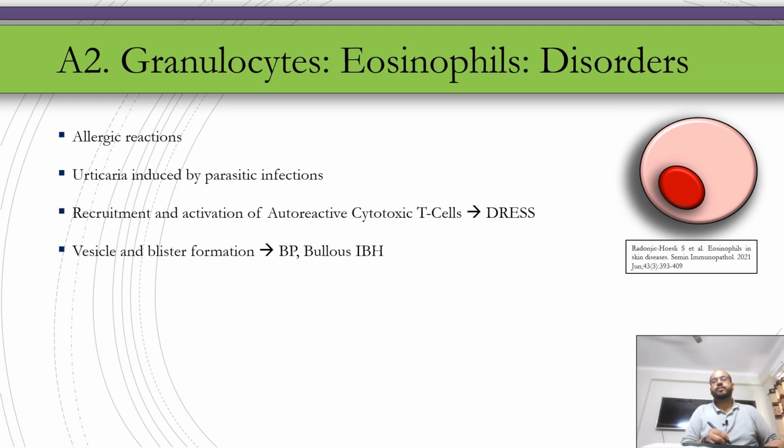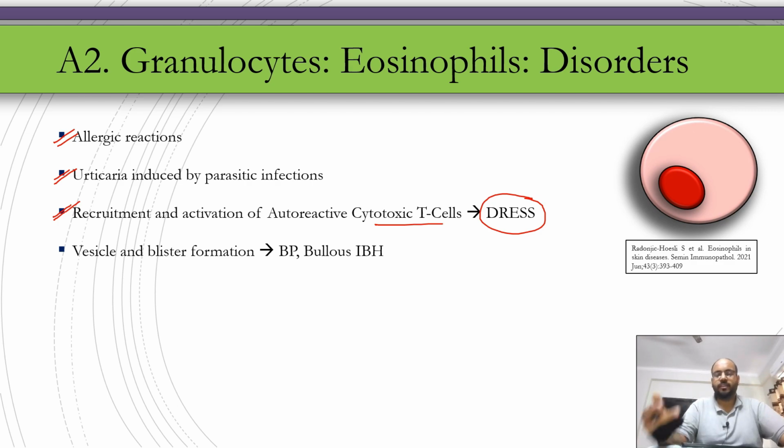Now, majorly eosinophils are implicated in allergic reactions. We know that. Urticaria, specifically those induced by parasitic infections. They're also responsible for recruitment and activation of autoreactive cytotoxic T cells, namely in DRESS syndrome. Okay, DRESS.